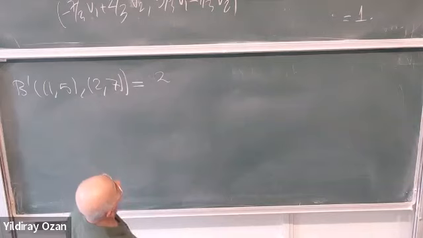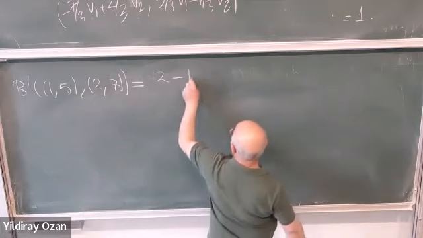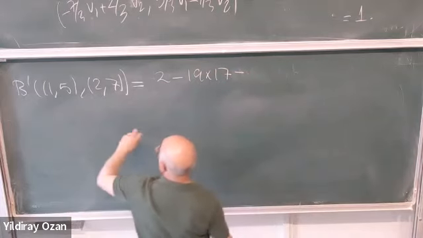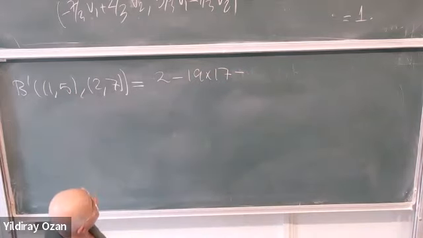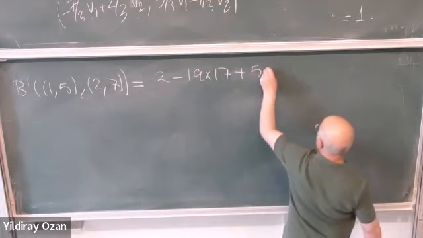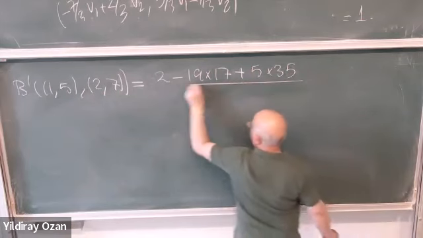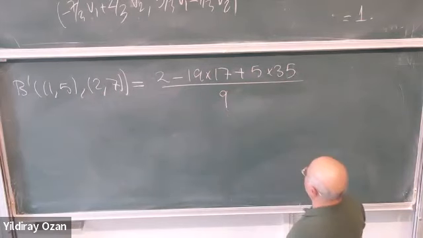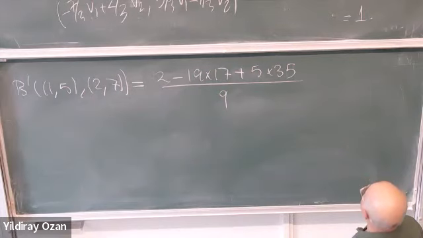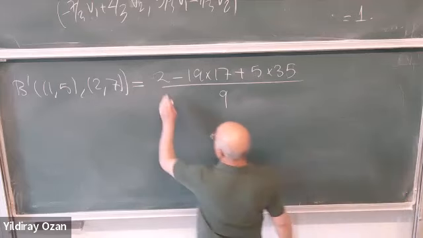Buradan da 10 gelecek, 17. Yani eksi 19 çarpı 17, artı x'in çarpımı 35. Oradan da 5. 5 tane de 35. Bölü 9. Bu da 0 olması lazım. Pek de 0 olacak gibi görünüyor ama. 2 çarpı 74. Ha, şurada da 2 çarpı 74 var.